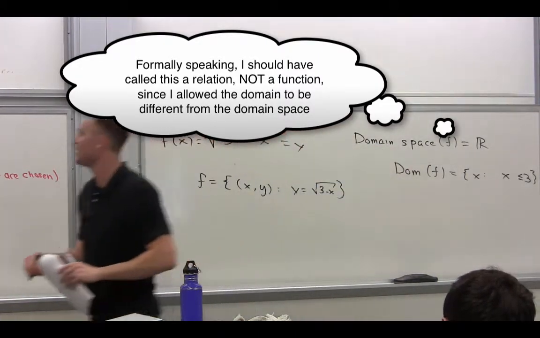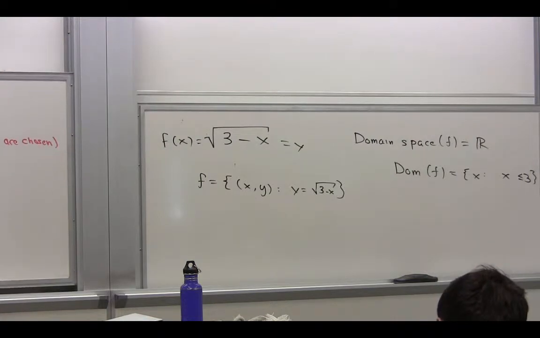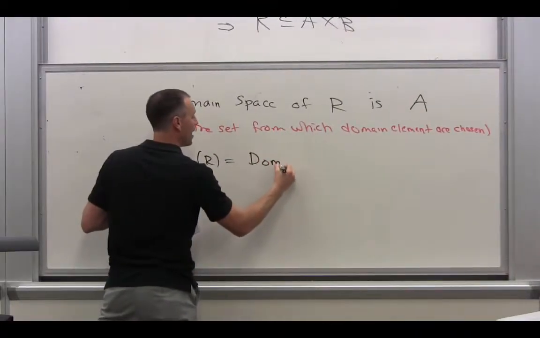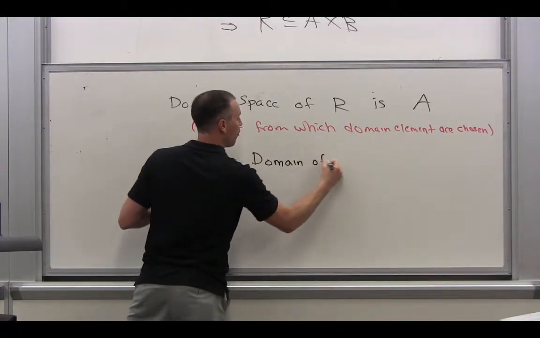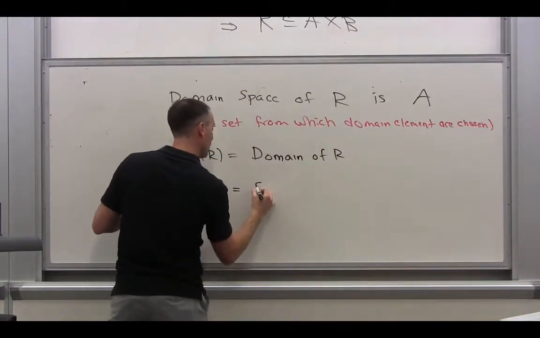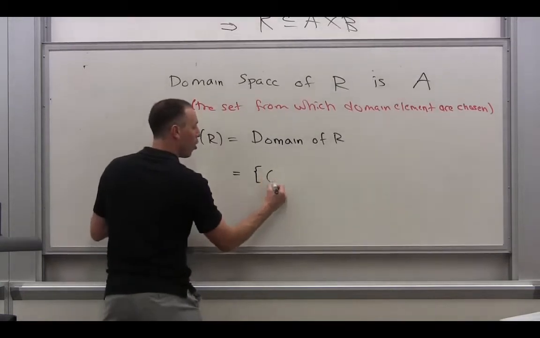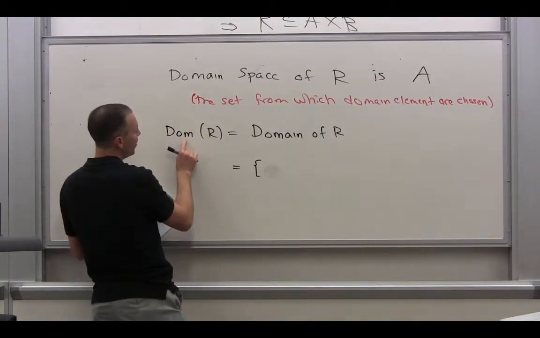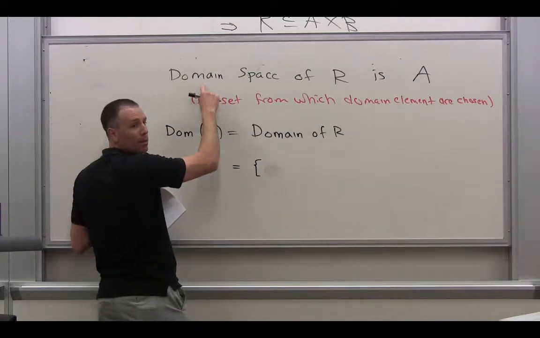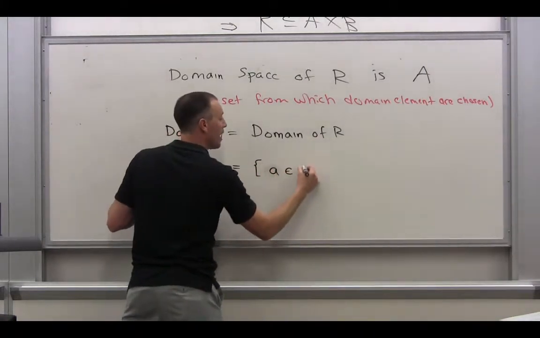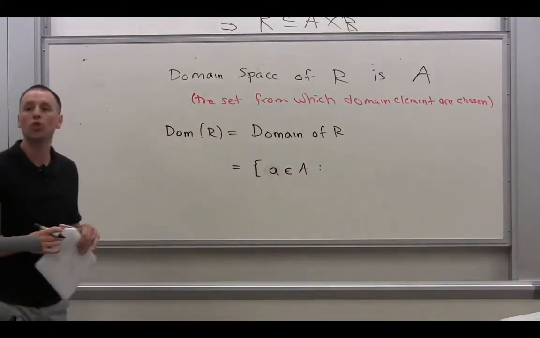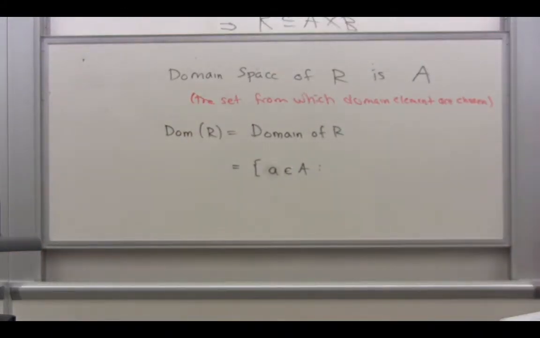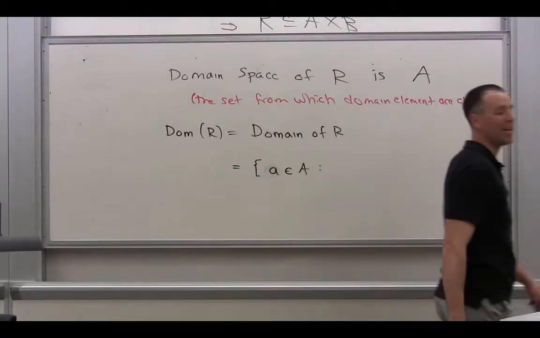Okay, how would you write that set theoretically? If I wanted to write the domain of my relation, this is going to be the domain of R. It's the set of all elements that should come from the domain space. What should be true about those elements? Why is the number 4 not in the domain?